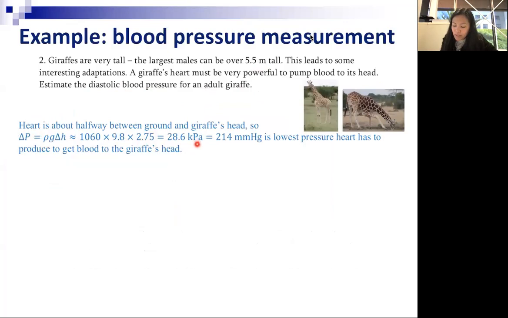That's 28.6 kilopascals. Okay. Yeah, if you want to convert that to millimeters of mercury, then you can use one of our conversion factors. But in pascals, 28.6 times 10 to the 3 pascals should be sufficient.